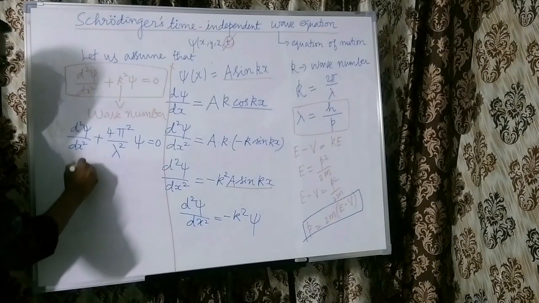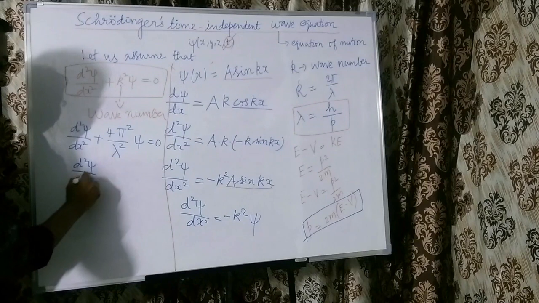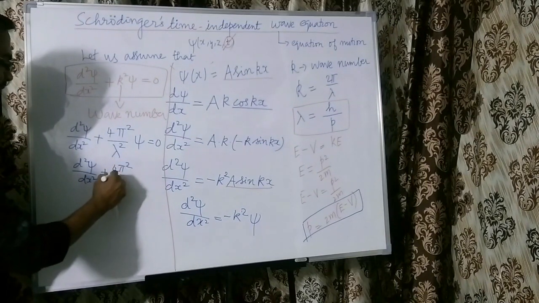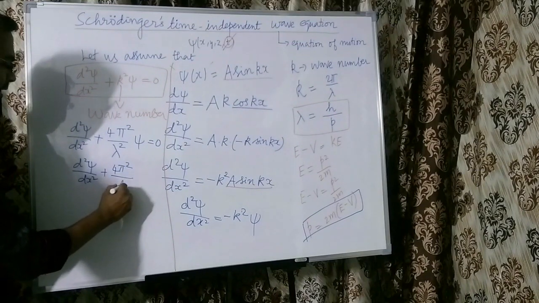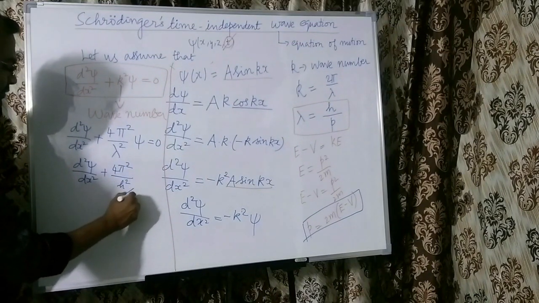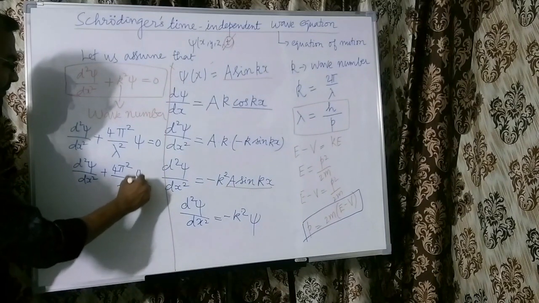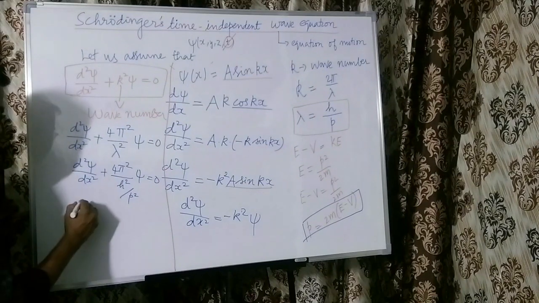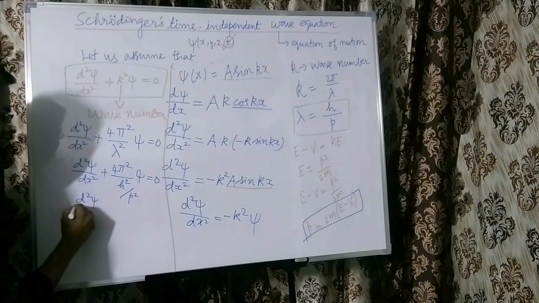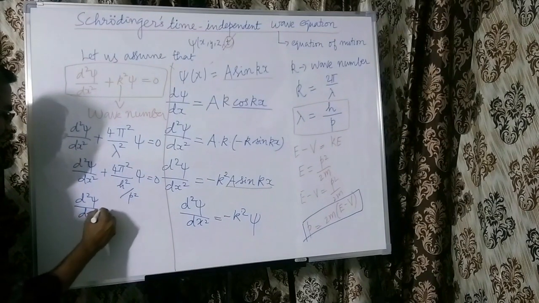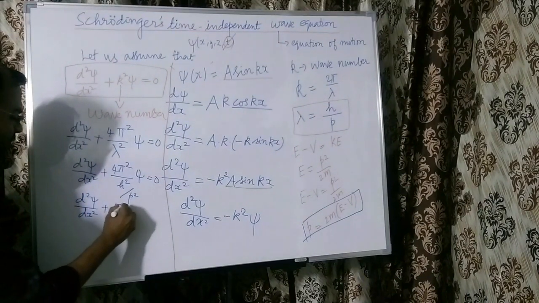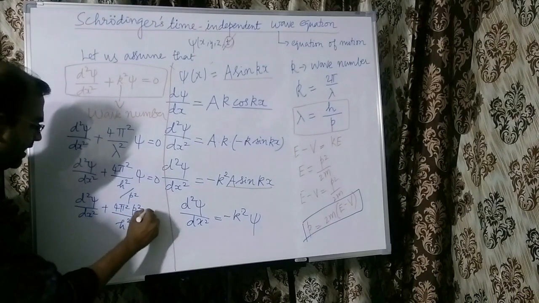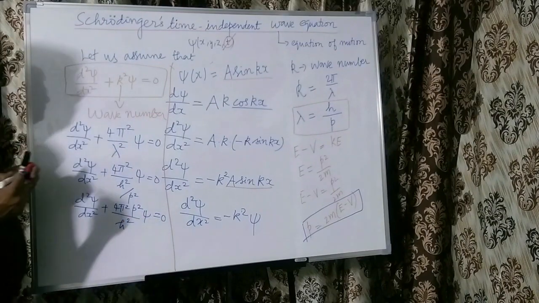Substituting that here, we can get d square psi by dx square plus 4 pi square p square by h square psi is equal to 0.